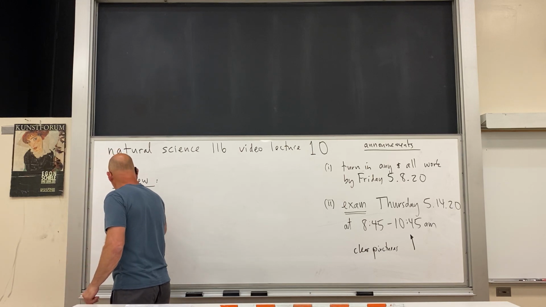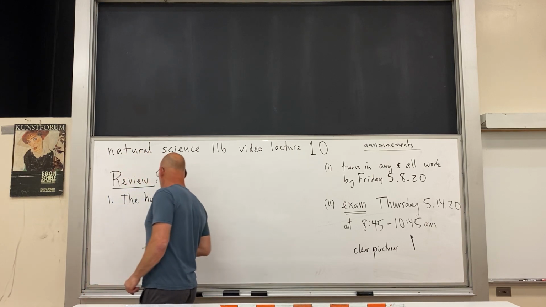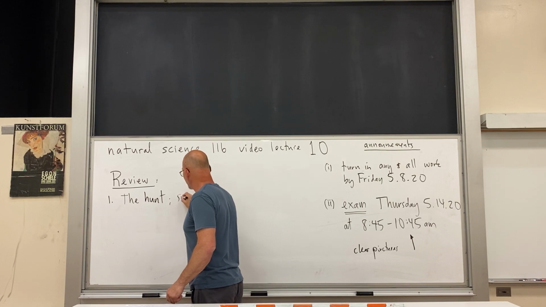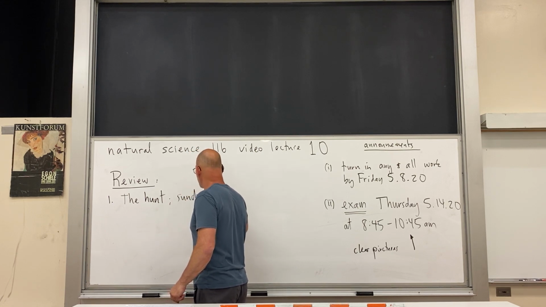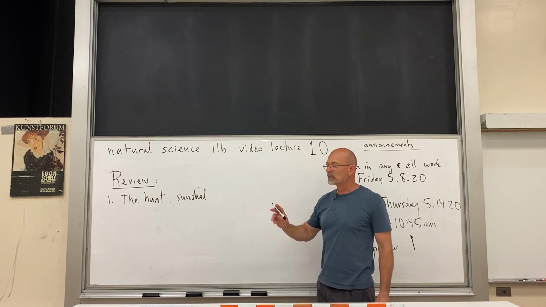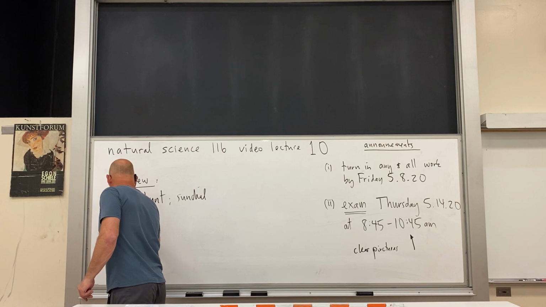We actually started with the hunt and some logical inference that takes place during the hunt, and that's where we came up with the sundial. But in order to talk about a sundial with any kind of accuracy, we needed geometry.